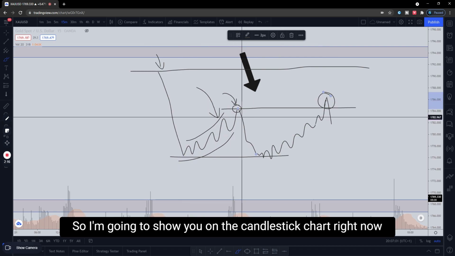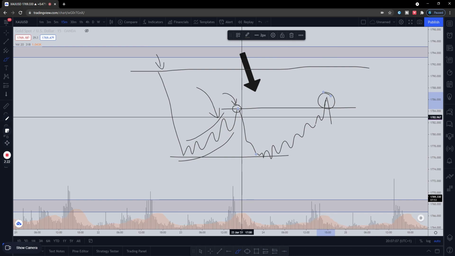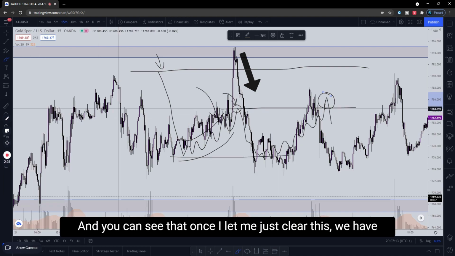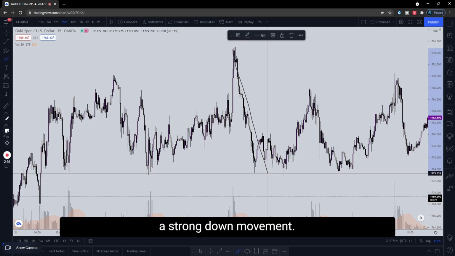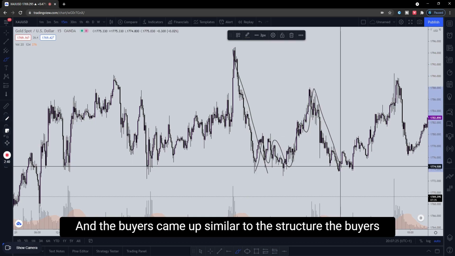So I'm going to show you on the candlestick chart right now, and you will understand in depth what I am trying to show. So this is a candlestick chart right now, and let me just clear this. We have a strong down movement and the buyers came up.